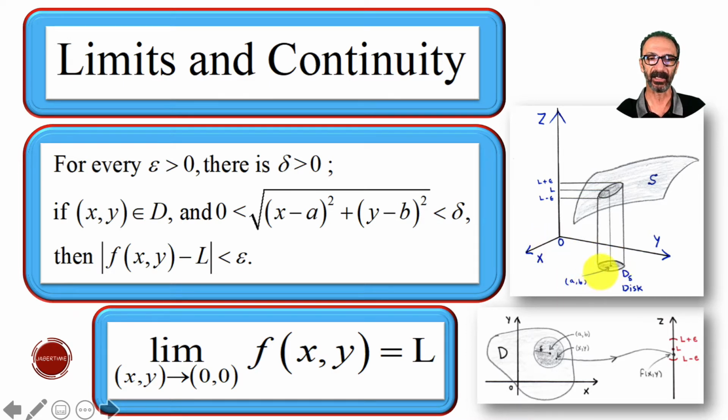If I say that the limit as x and y approach a and b is L, for any epsilon that you find for me, even so tiny, I will find a disk right here. That means I'll look for the correct radius, being called delta, that will be mapped to this interval within it.